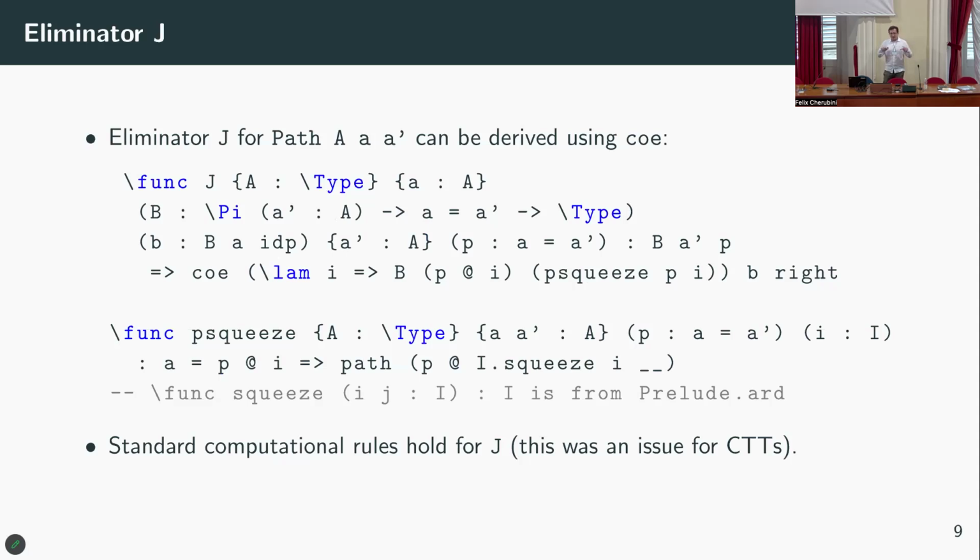So we can derive the eliminator J using some elementary operations on the interval. This kind of definition satisfies the standard computational rules, expected rules for J, which was an issue for cubical type theories. All those were at some point resolved, but here it's rather trivial.